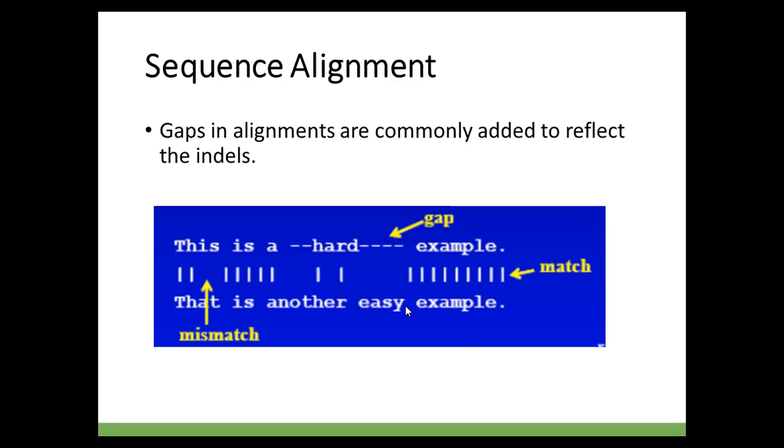So what's a match and what's a mismatch? When you find a character in one sequence and the same character in the second sequence, we call it a match. We call it a mismatch when you find different characters in the two sequences. So this is a mismatch and this is a match.